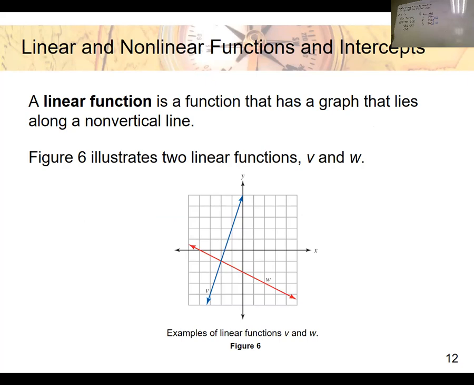And in this figure, you have two linear functions, v and w. The one in blue is line v, and the one in red is line w. As you can see, these two lines intersect at a single point.